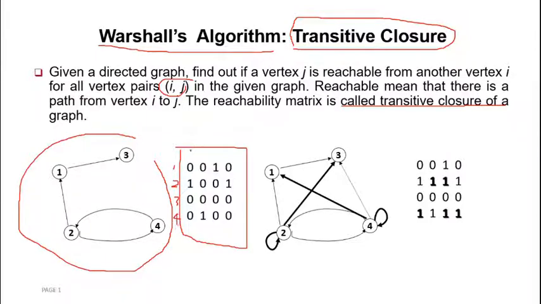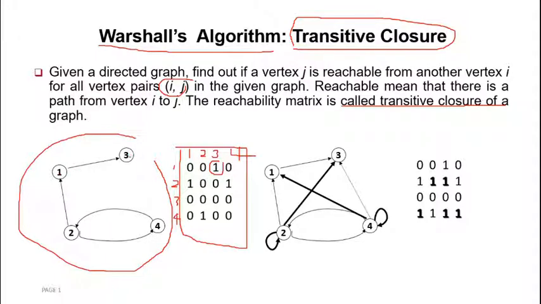A 1 here indicates that we have 1 to 3, so entry (1,3) is 1. And 2 to 1 is 1, 2 to 4 is 1. So the 1s represent that we have a path from one node to the other node.